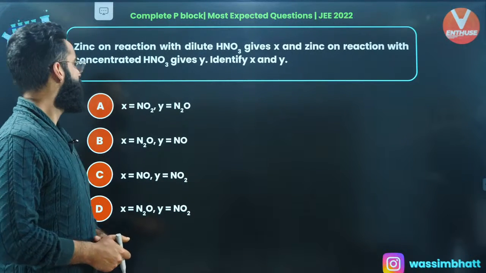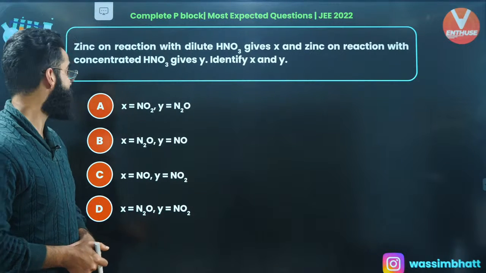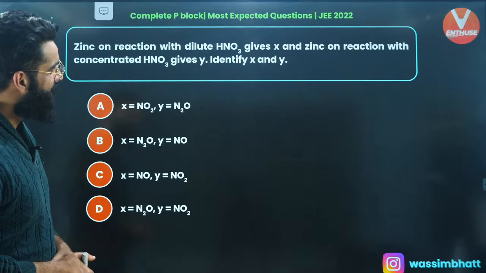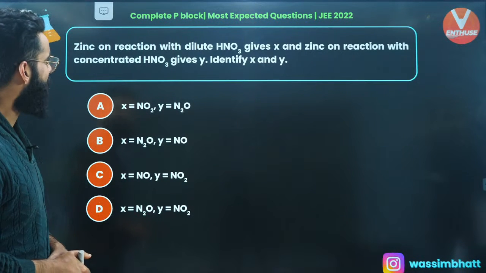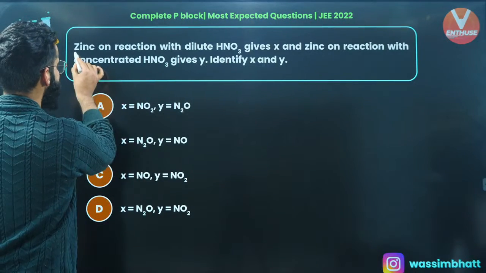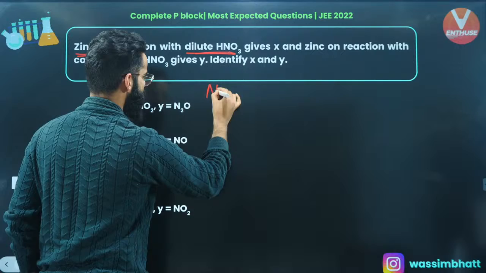All right. One more memory-based question, provided you remember the reactions. Zinc on reaction with dilute HNO3 gives X, and zinc on reaction with concentrated HNO3 gives Y. Identify X and Y. Let me tell you, when zinc reacts with dilute HNO3, it leads to the formation of N2O.